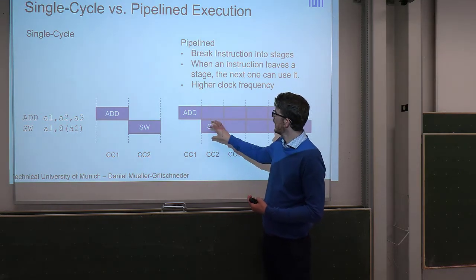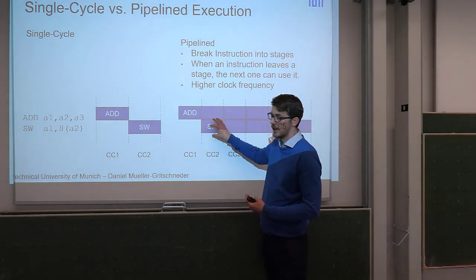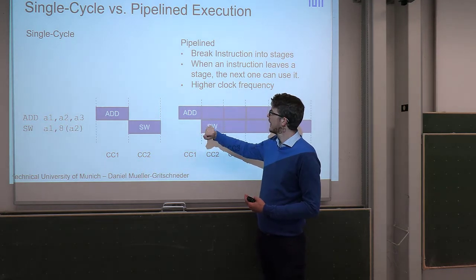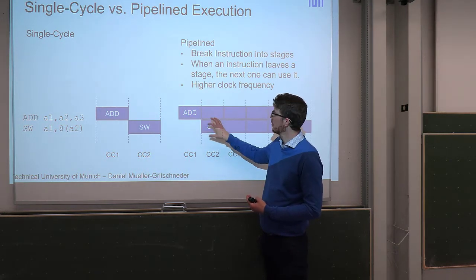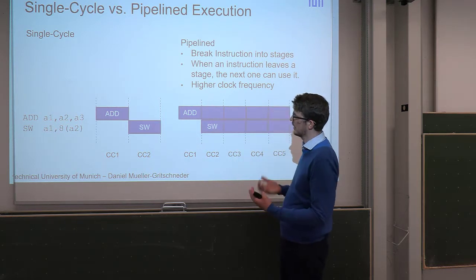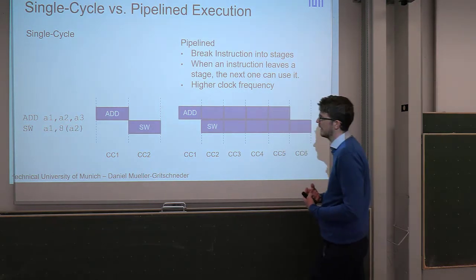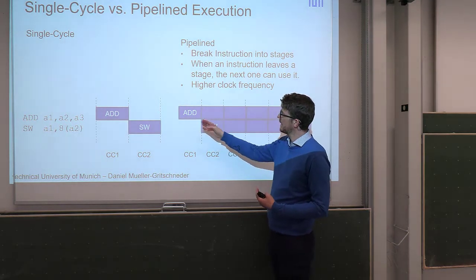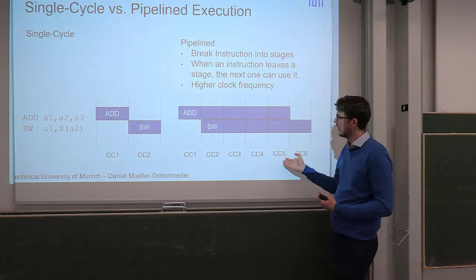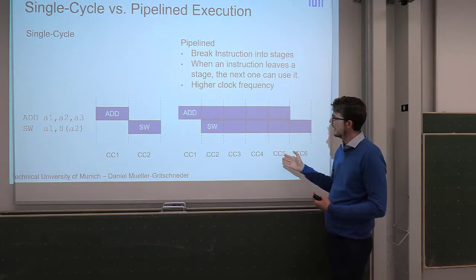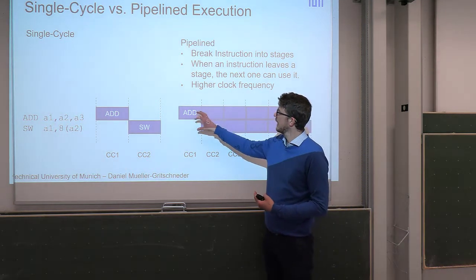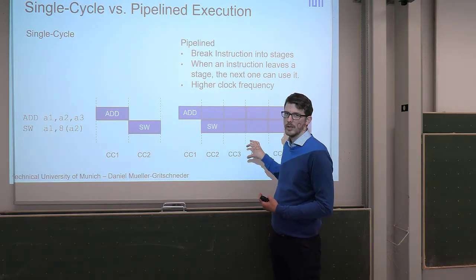So the store word instruction can already start because whatever the add instruction did in the beginning is now doing something else. So now the store word instruction can do what the add instruction did in the beginning, right? And so first of all, it now seems longer, right? Because the add instruction now takes 5 cycles. But if you look into this, every cycle you can put in a new instruction, right?